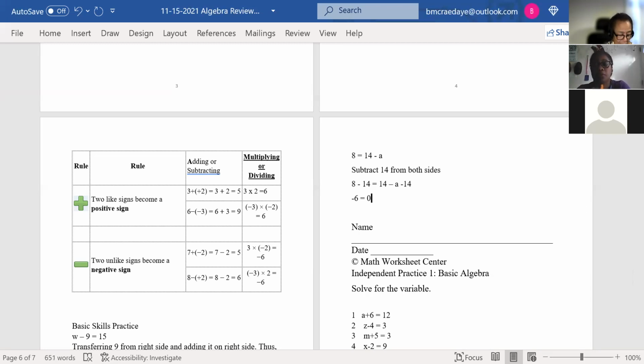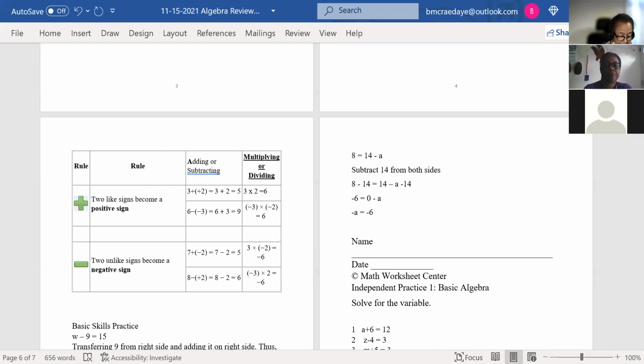So what you have left is minus A. So if minus A is equal to minus 6, then A is equal to plus 6, right? Because if you multiply by minus 1 on both sides, you get plus 6. And that's what we said.